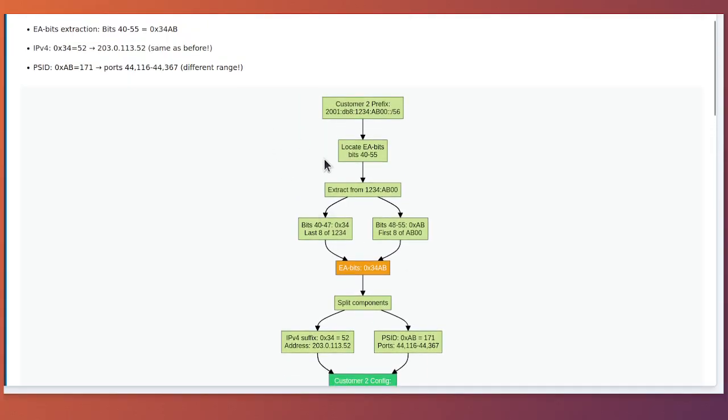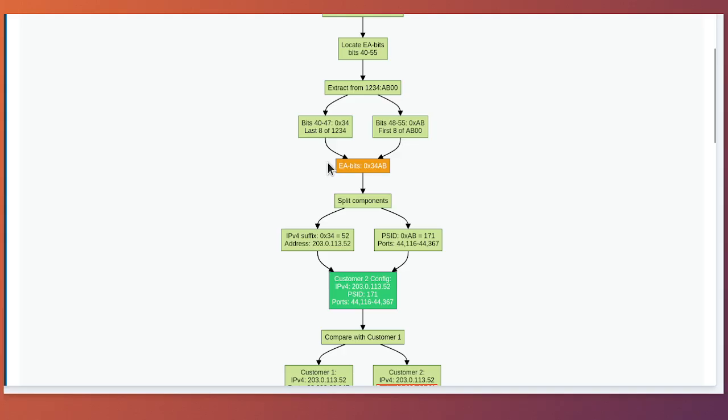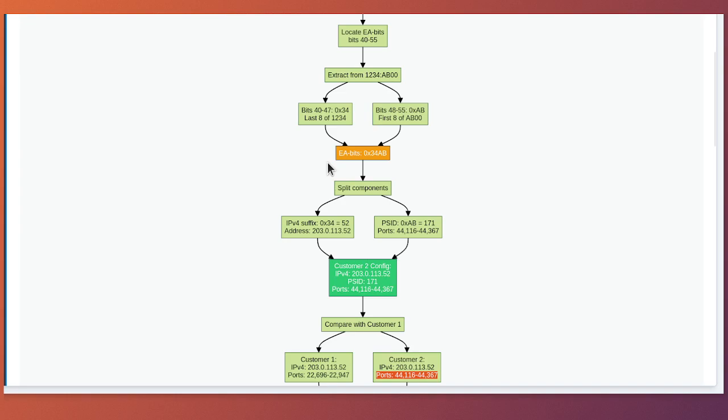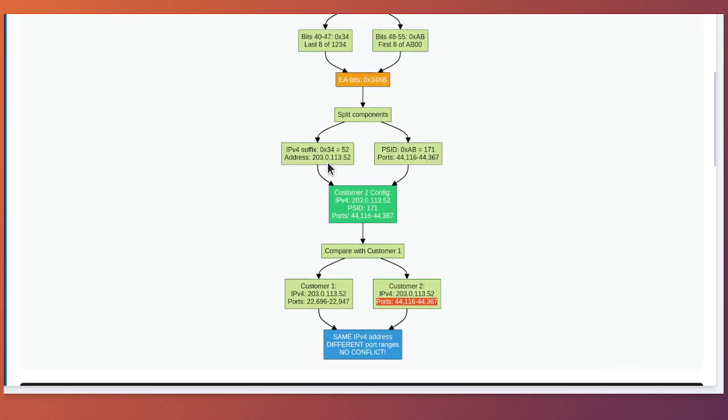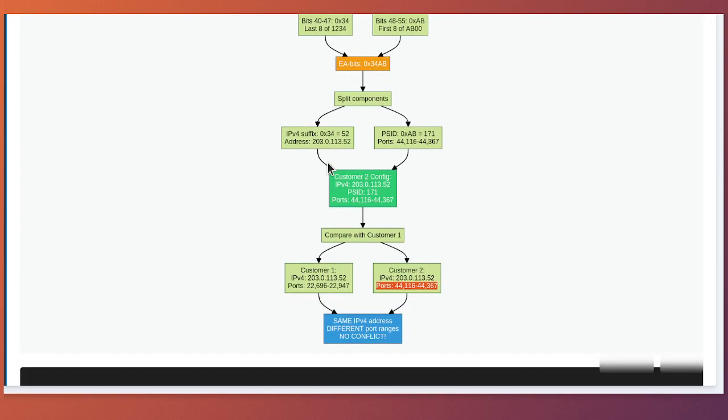So this customer with prefix 2001:DB8:1234:AB00::/56 derives IPv4 address 203.0.113.52, PSID 171, and port range 44,116 through 44,367.